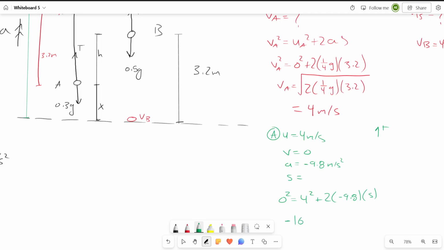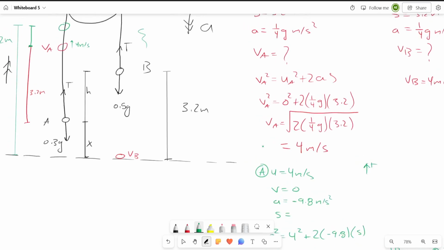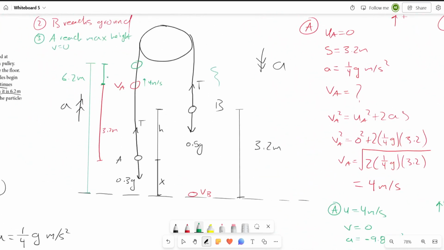It's going to be negative 16 equals negative 2 times 9.8, which is negative 19.6 S. So dividing, S is going to be 16 over 19.6, which gives me 0.82 meters. Since my answer is positive, and positive is my upwards direction, A is displaced upwards by 0.82 meters.